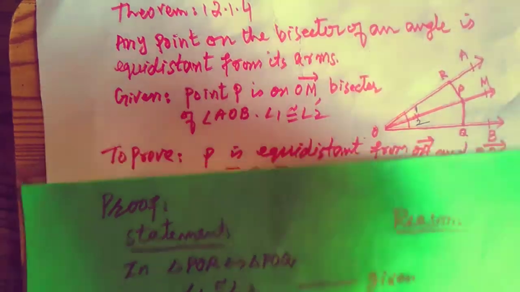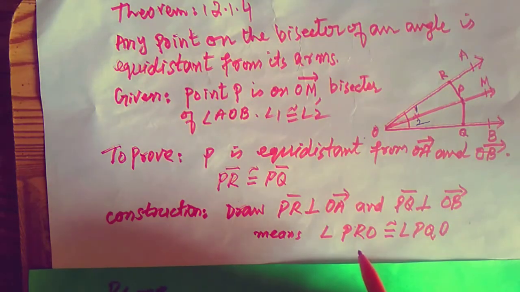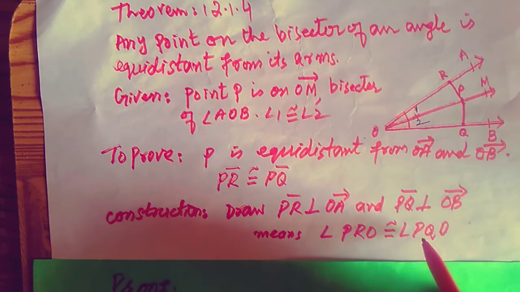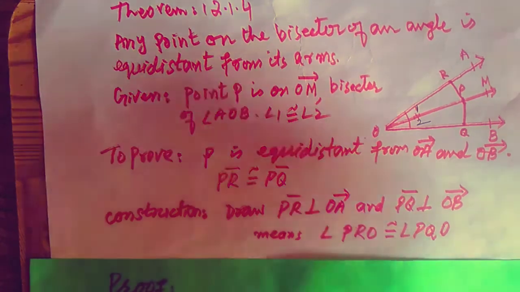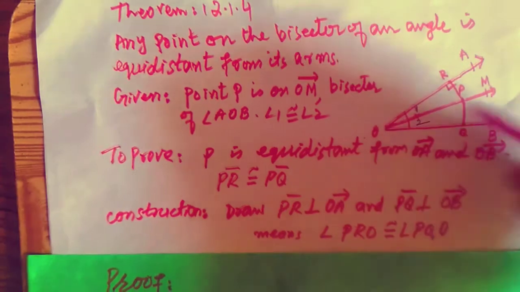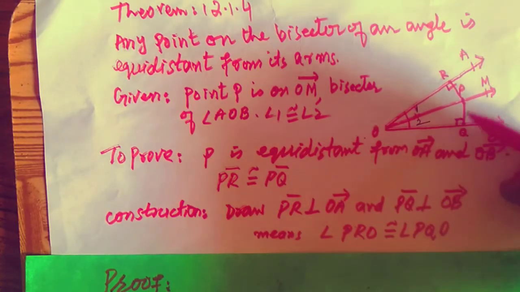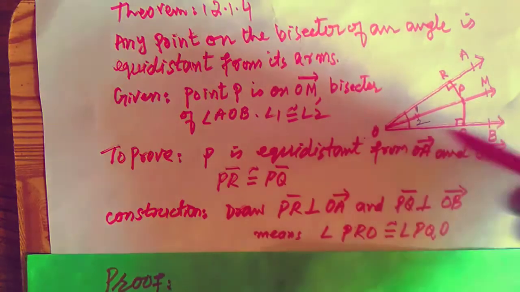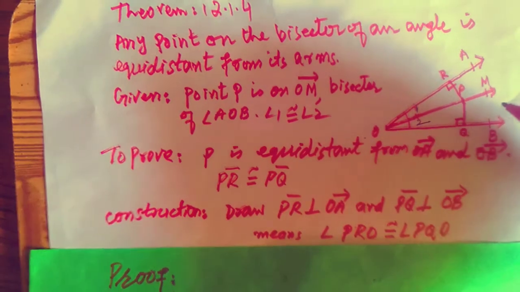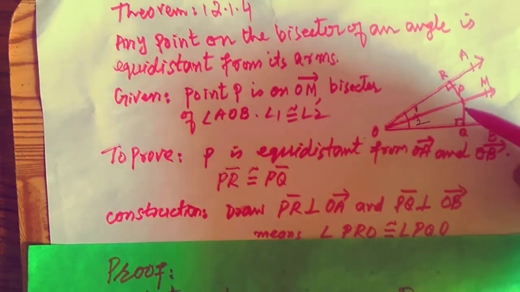After the given, we take another pair in the construction, which is angle PRO congruent to angle PQO, which is another pair of these 2 triangles which are congruent.